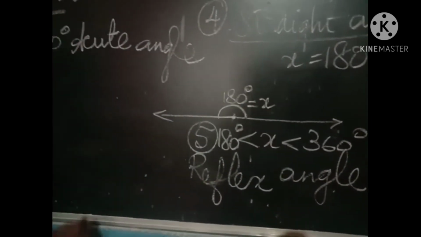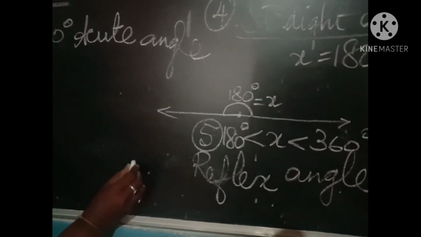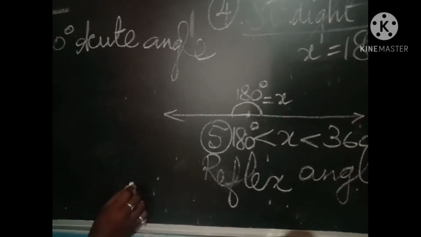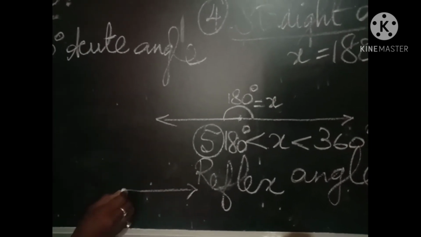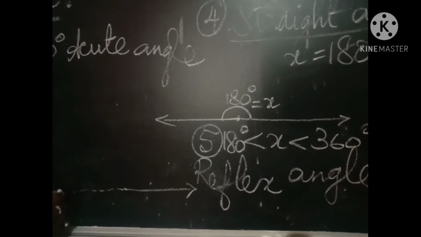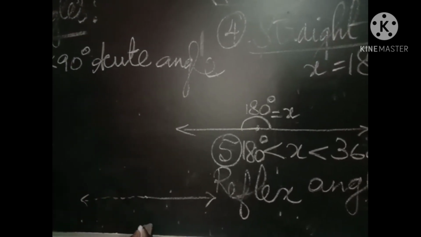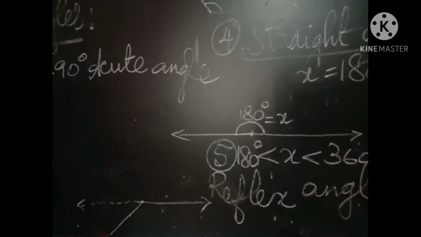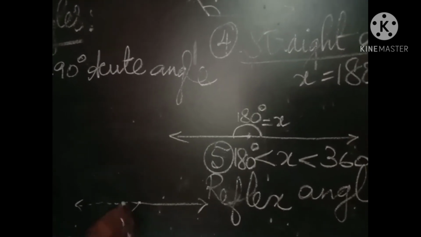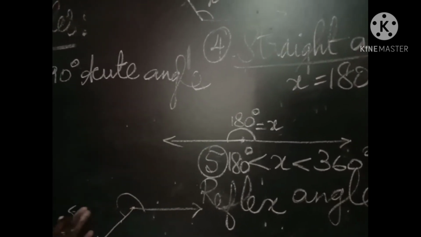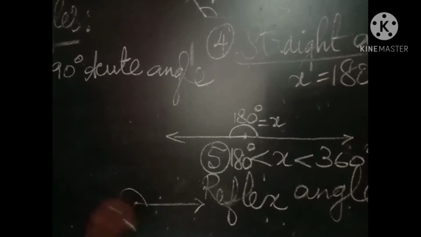Understood, children? Reflex angle. How to draw a reflex angle? See here, this is the straight angle you saw just now. When you draw like this, it is called reflex angle.